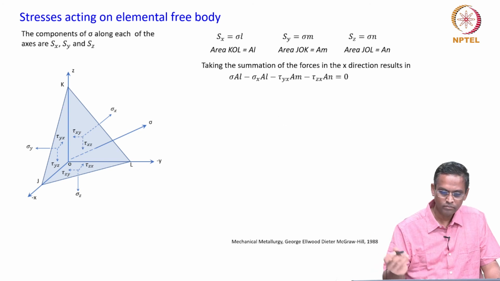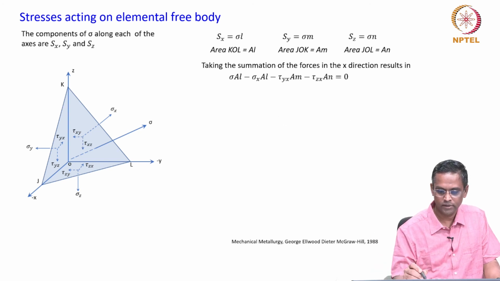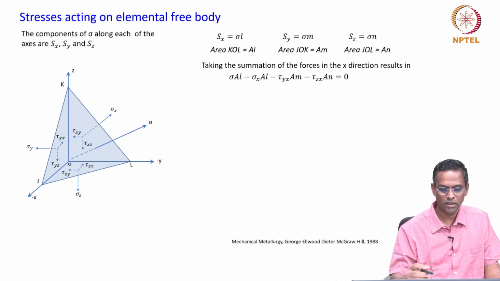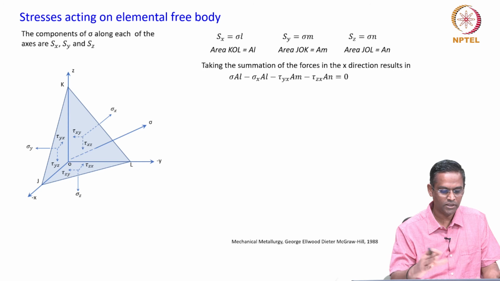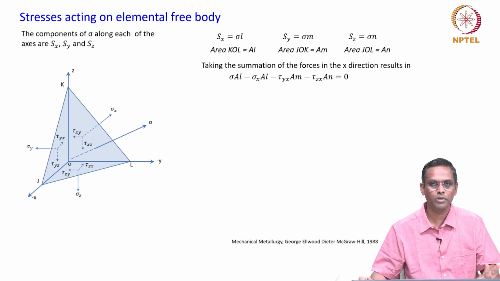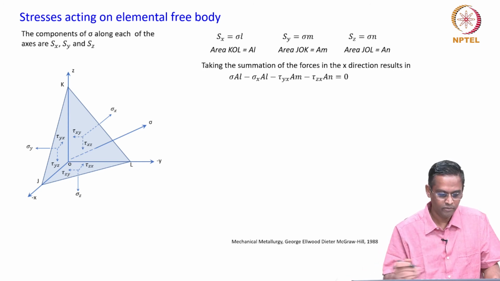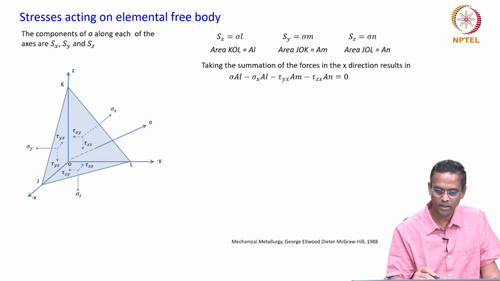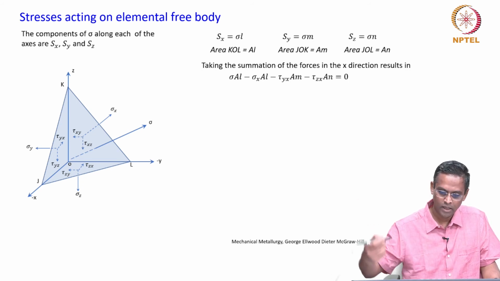Now we will take the summation of the forces. Again, the assumption is the same: this body is assumed to be in equilibrium. So, we take the summation of forces in a particular direction and equate it to 0.